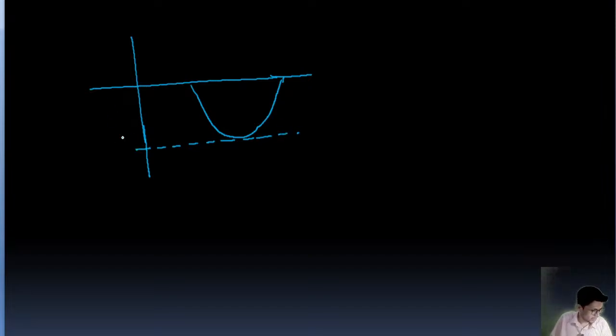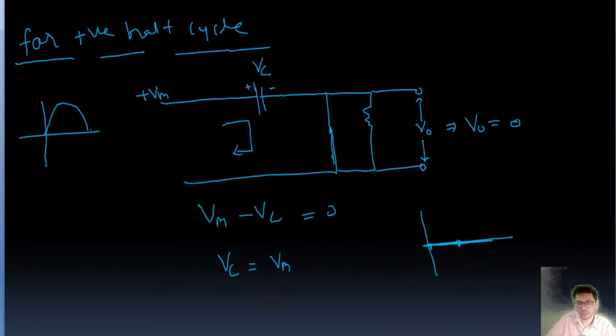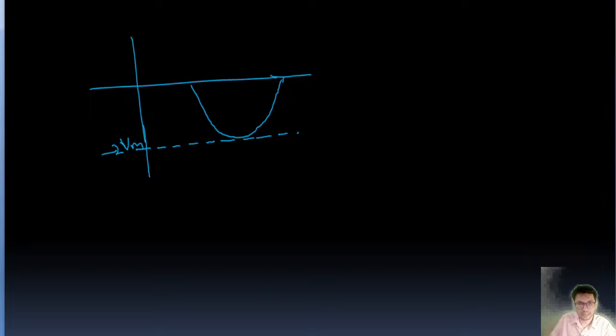This is 2 Vm, minus 2 Vm. Okay, so this will be the output. I hope you have understood it. So this is the clamper, guys.